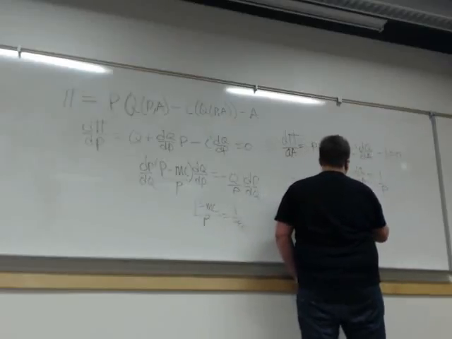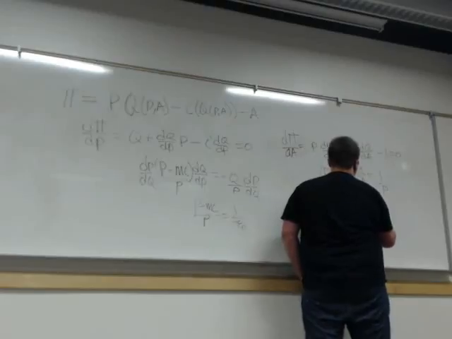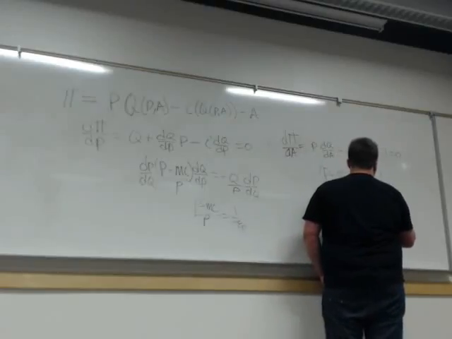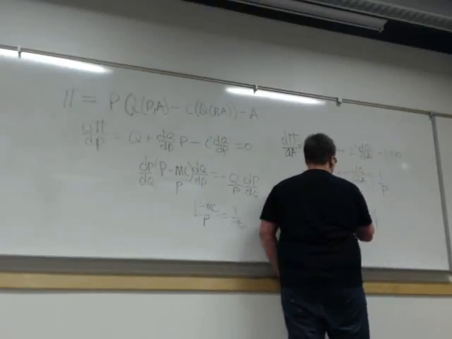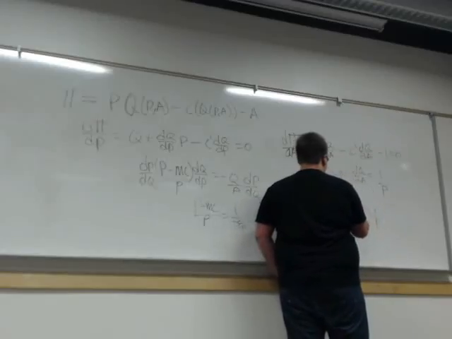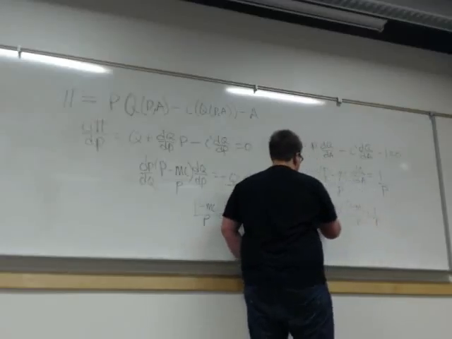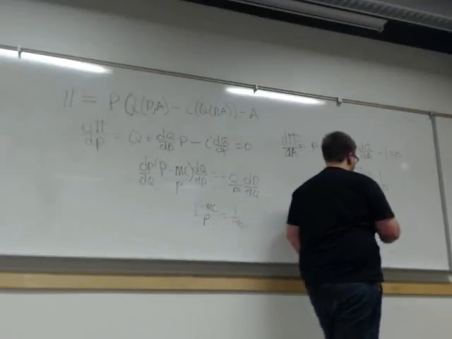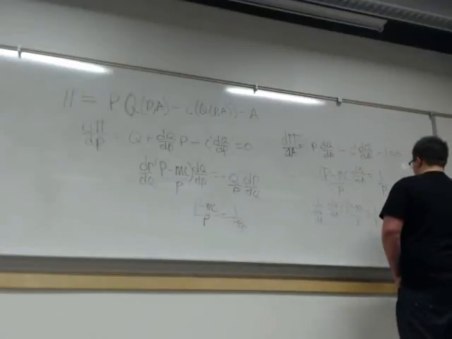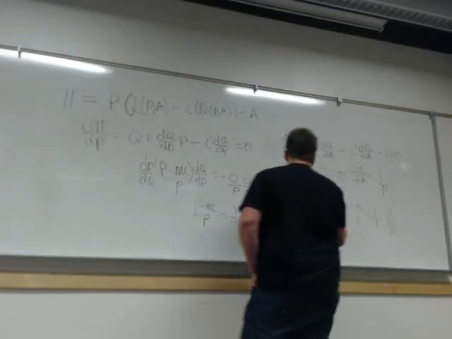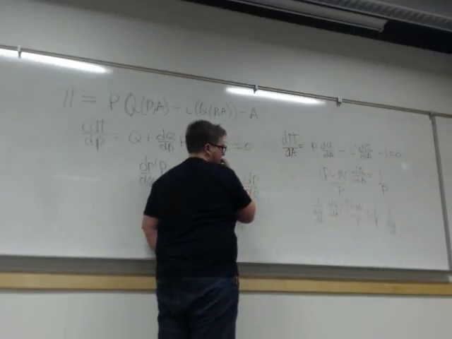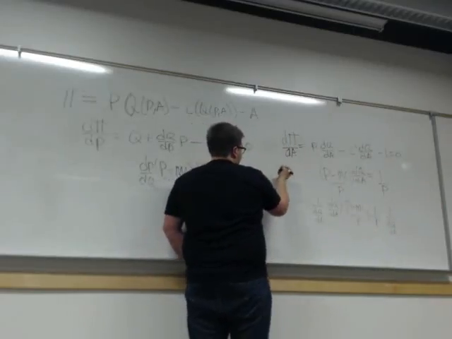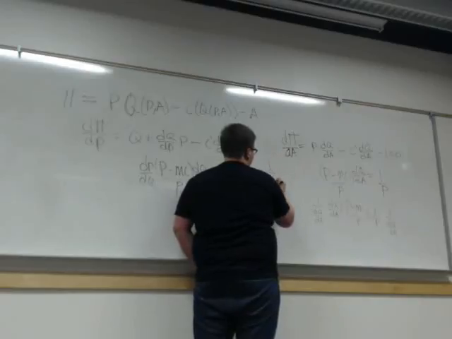Okay, so we have p minus mc over p equals 1 over p, and this is all multiplied by dq/dA. Now we're going to multiply this by 1 over dq/dA, so we'll get 1 over dq/dA here. So we've got this.